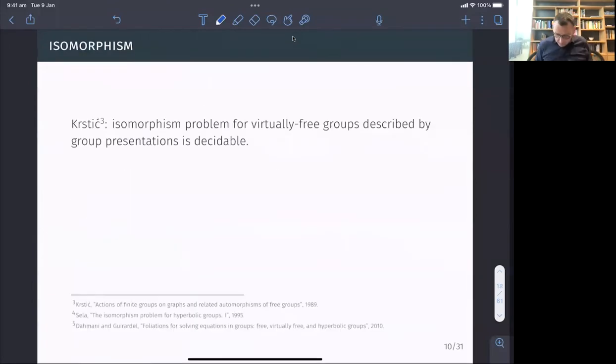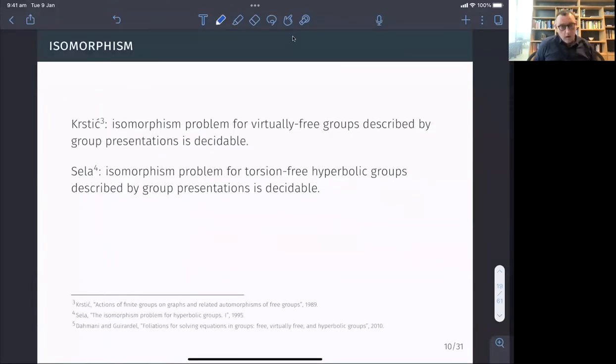So let me show you three examples of where this is happening. Krstić proved in '89 that the isomorphism problem for virtually free groups, so having a free group as a finite index subgroup, is decidable when you're given two group presentations. Sela proved the isomorphism problem for torsion-free hyperbolic groups given by presentations is decidable.